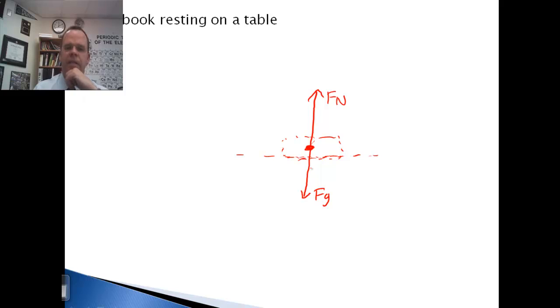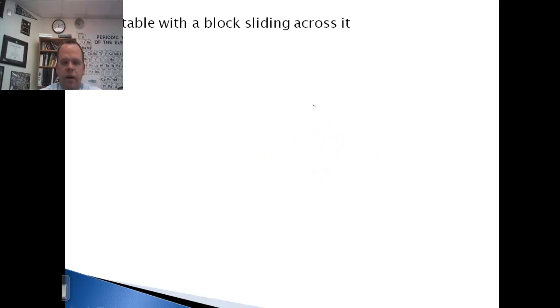In this case, it's not moving, so we're not going to have any friction. It's not trying to move. No friction. There's no spring, no rope, so no spring or tension forces. We don't include air resistance usually. It's not moving, so we wouldn't have any air resistance. So these will be the only two forces. The book is not accelerating, so these two will be equal in length, opposite in direction. Cancel each other out.